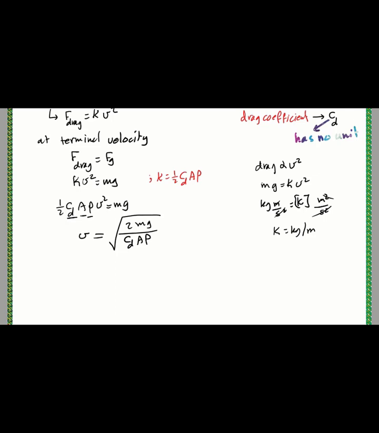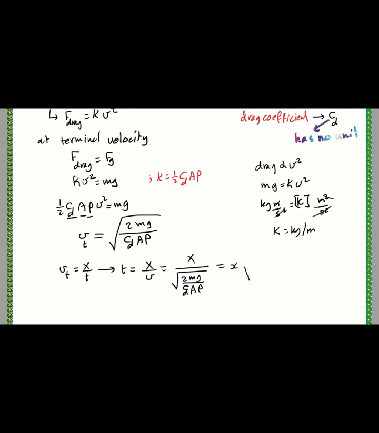Now, because the velocity is constant, it is terminal velocity, we can put Vt equals x over t. That means t equals x over v, x over square root of 2mg over CD A rho.